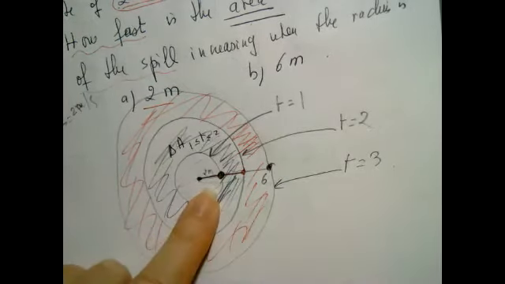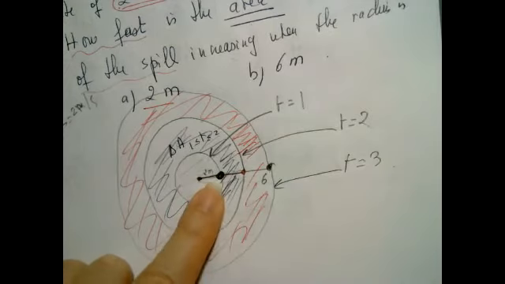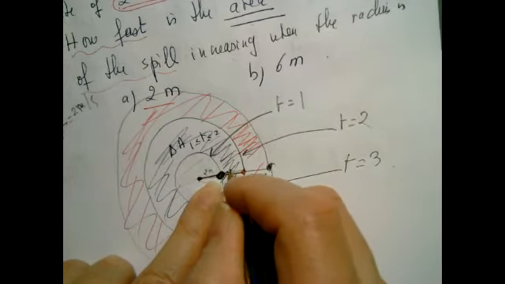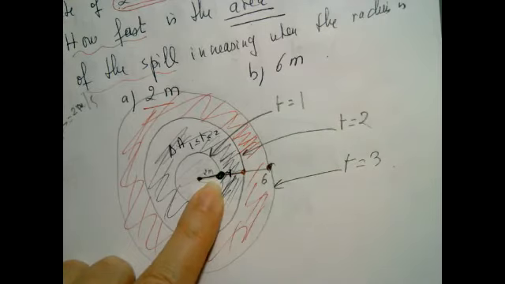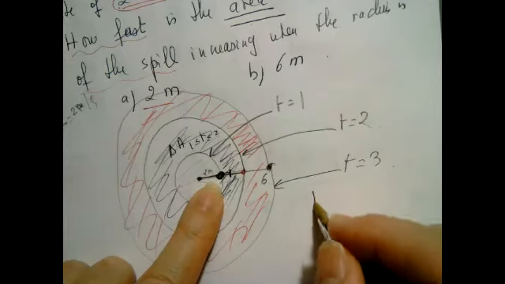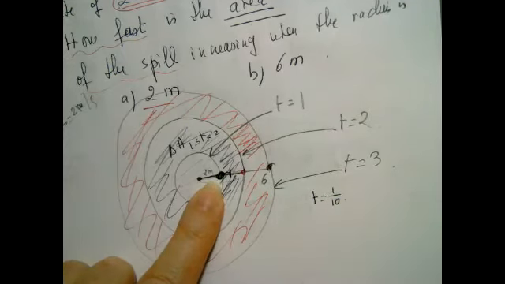Here and here. So I'm going to say, okay, after 1 second, it's here. If I add a little bit more time, a tiny bit of time, how much was the area changing? So suppose I take t to be very little, 1/10 of a second.